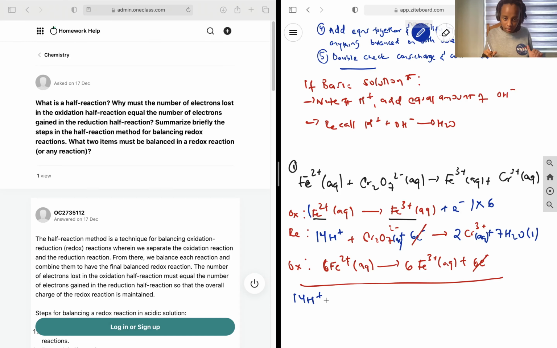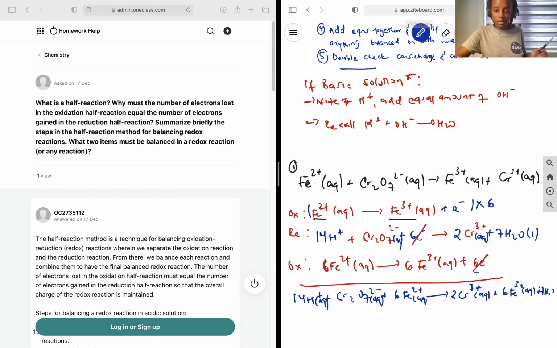And we get 14 H+ plus Cr2O7 2- plus 6 Fe2+ to get 2 Cr3+ aqueous plus 6 Fe3+ aqueous plus 7 H2O liquid. Okay, and this is going to be our balanced equation.